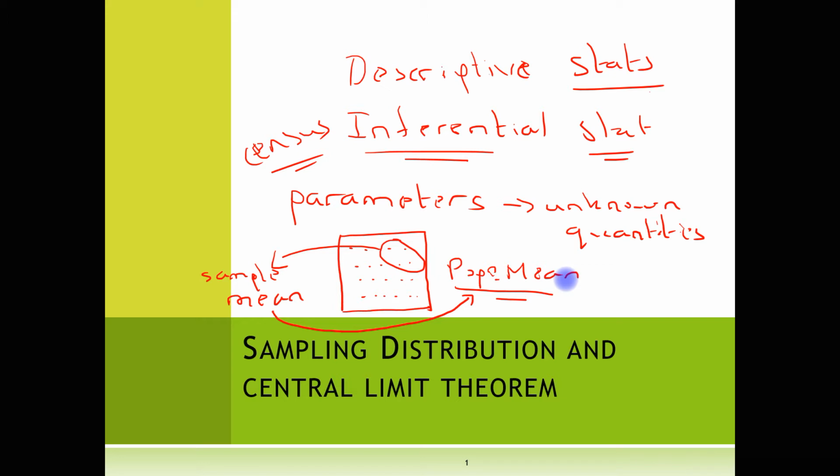So to start with, we will make some distinction between these different terms, like population mean and sample mean. Just like we can compute the population mean, you can compute the population standard deviation, you can compute the sample standard deviation, and you can compute different measures in these two different settings. So we are going to define certain notations.